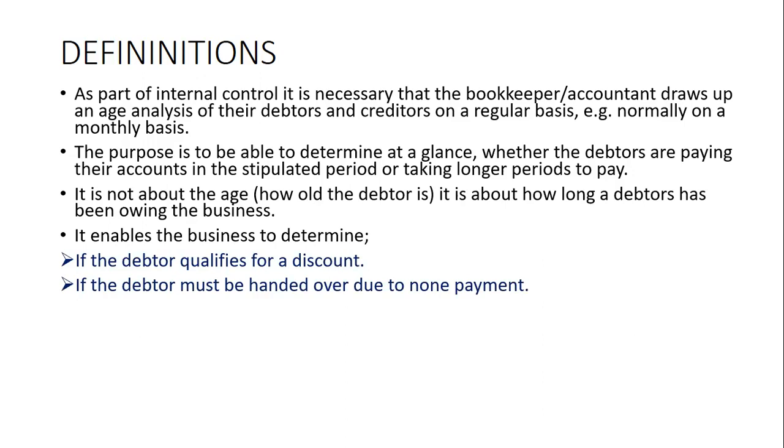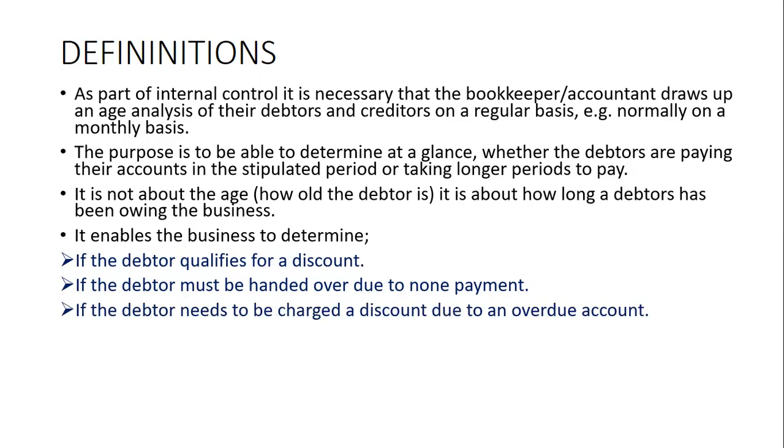So let's say the credit policy of a business is to collect all their debts within 120 days or 90 days. If the debtor owes the business for more than 90 days, which is 3 months, they'll be handed over to attorneys, let me just refer to them as collection agencies, to collect that money on behalf of the business.